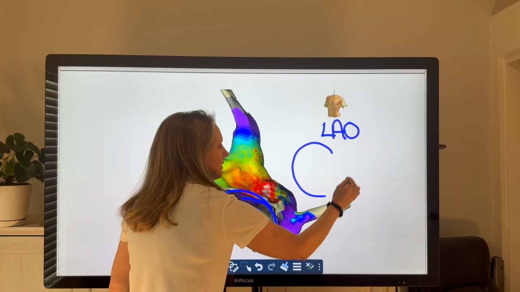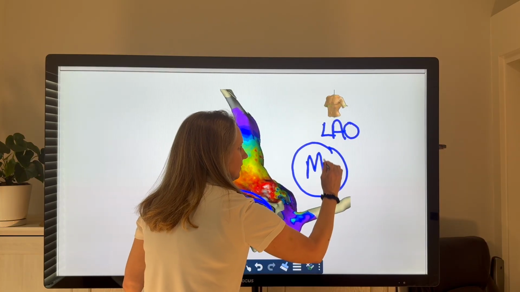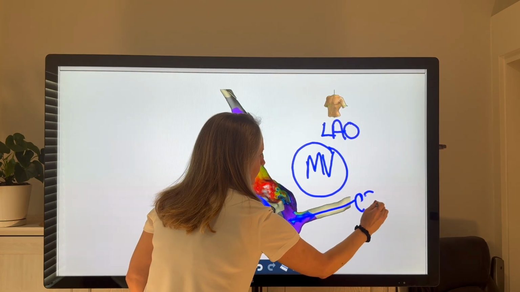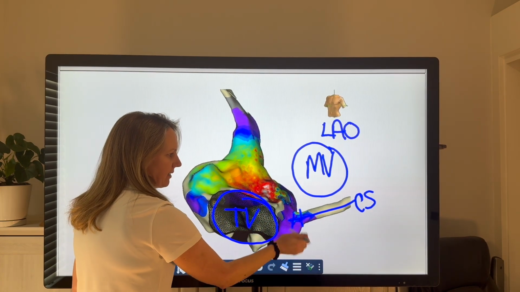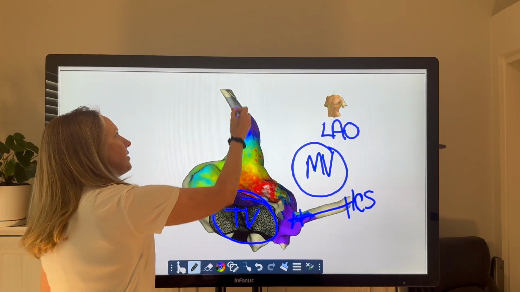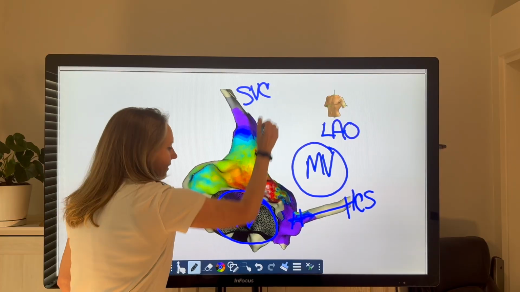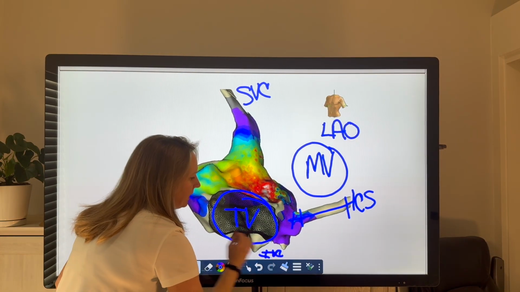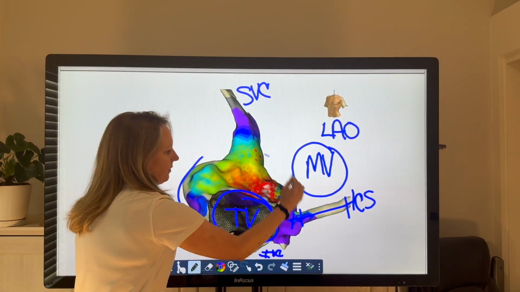That would make this area the mitral valve. Here's my coronary sinus. So this would be where 9, 10 is. Here's 1, 2. Okay. So up here is my SVC, and can't really see so well down here, but IVC. Lateral wall, septal wall.